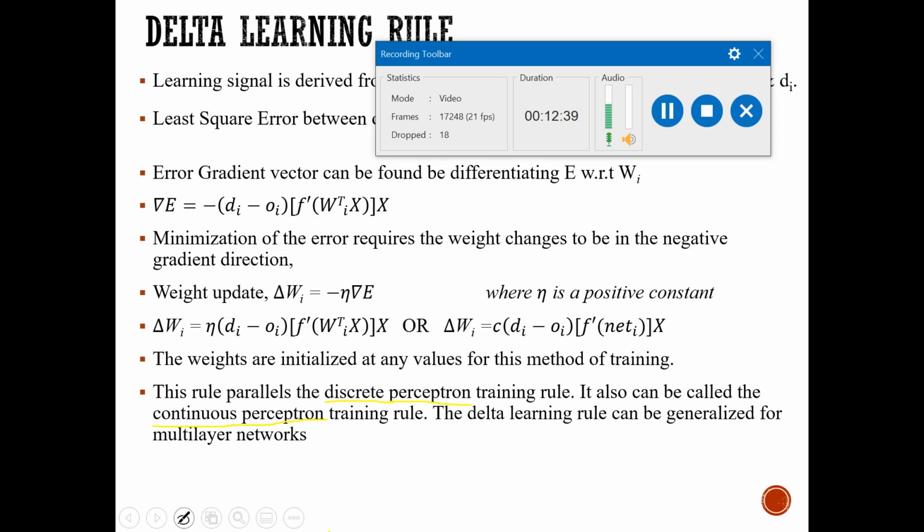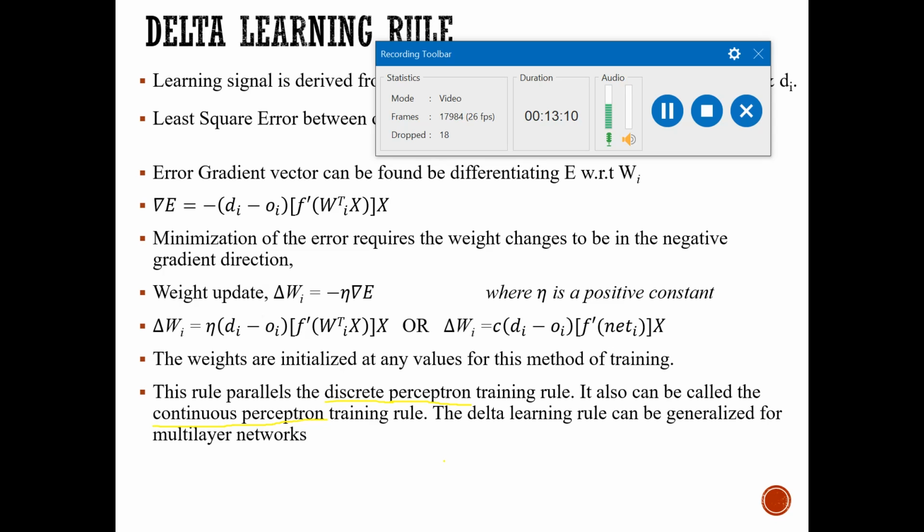So that is the reason this rule is also called the continuous perceptron training rule, whereas the previous one which we have studied is called the discrete perceptron training rule. This delta learning rule can be generalized for multi-layer networks also, and in that case the generalized delta learning rule is used in multi-layer networks, and it is then called the error back propagation algorithm, as it is commonly known.